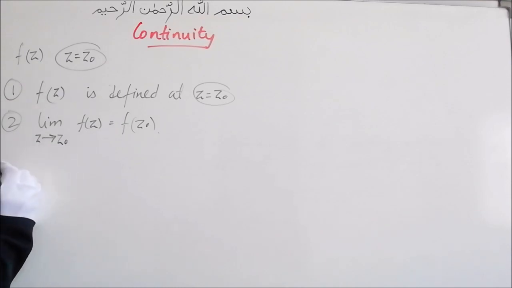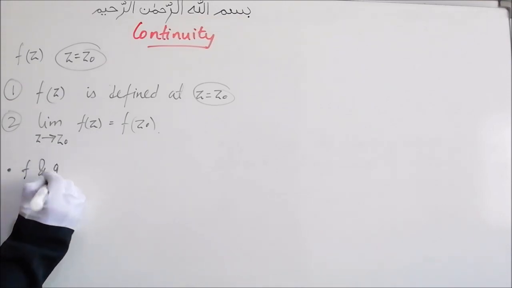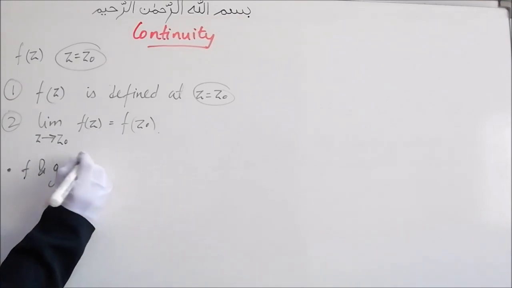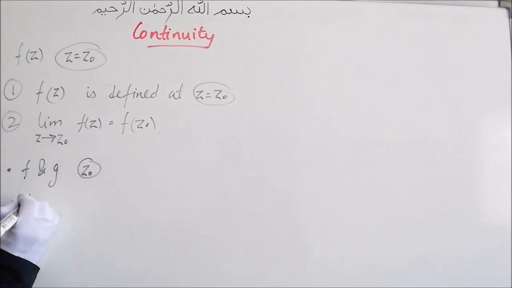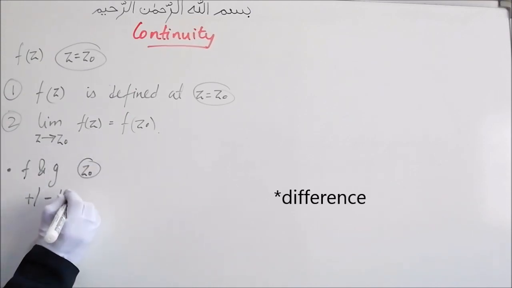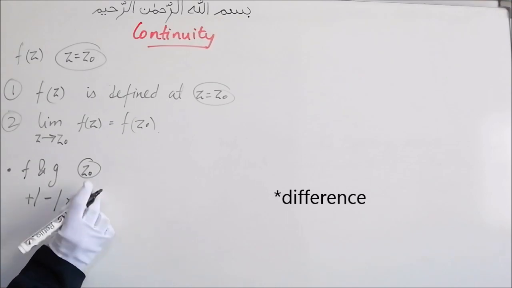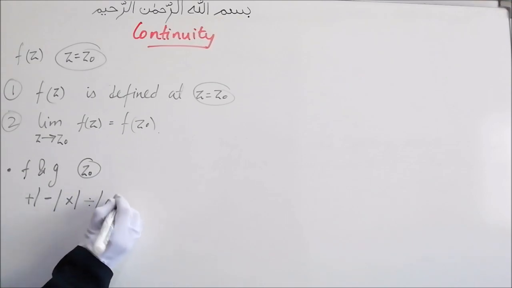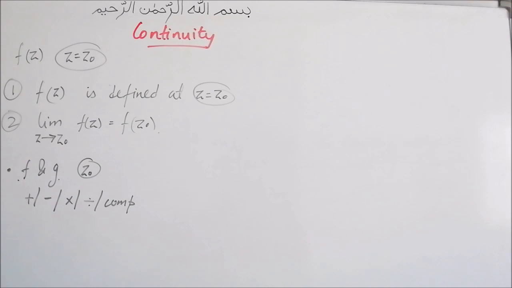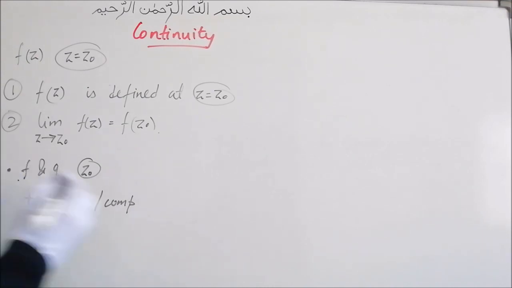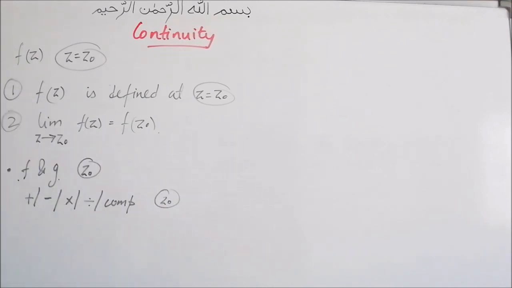And if we have two functions f and g which are continuous at, let's say, the point z naught, then the sum, the difference, the product, the division and the composition of these two functions are also continuous at the same point z naught.